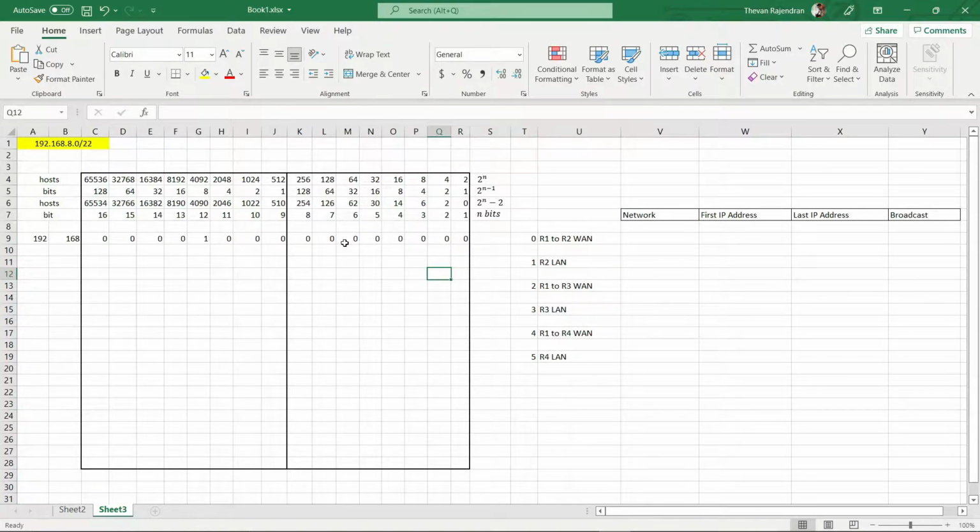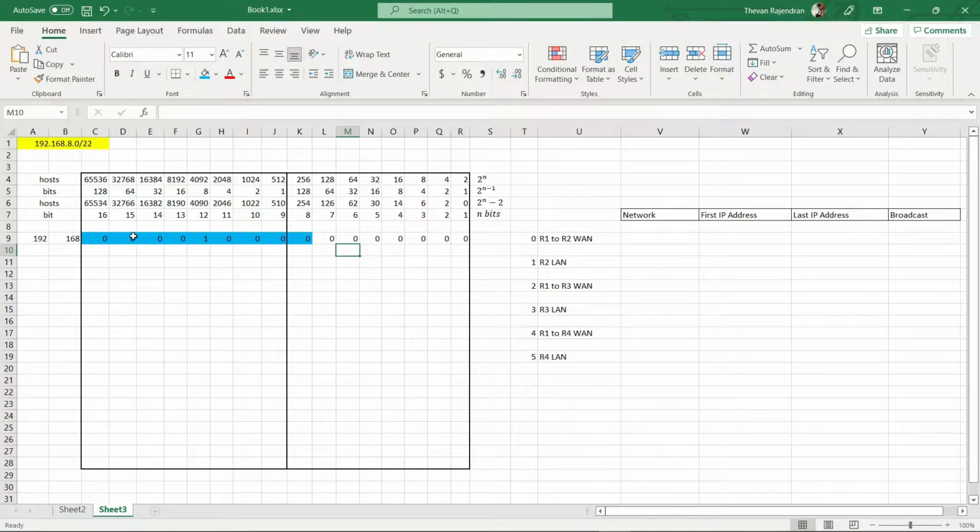According to the question above, we are required to assign 120 IP addresses for a single subnet. So the most suitable will be 126, which includes the 120. That means the one before will be the network address. Let me highlight it.